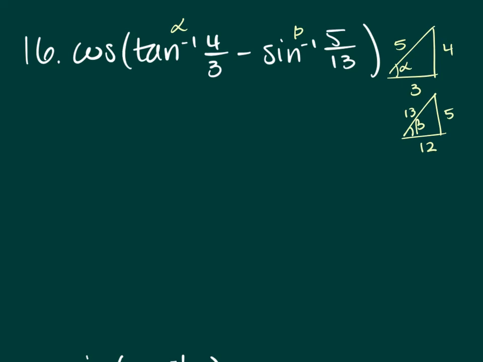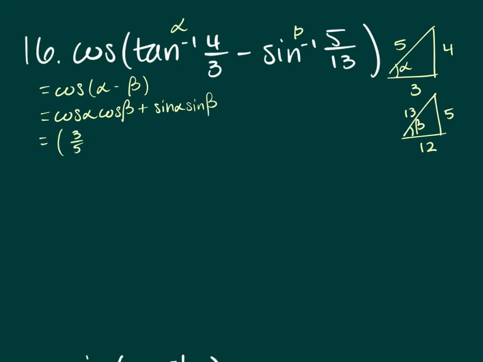Okay, knowing this, I'm going to then rewrite as cosine of alpha minus beta. This fits my addition formula for cosine from the very first lesson of this section. So I get cosine of alpha, cosine of beta, plus sine of alpha, sine of beta. Cosine of alpha is adjacent over hypotenuse, so that's 3/5.